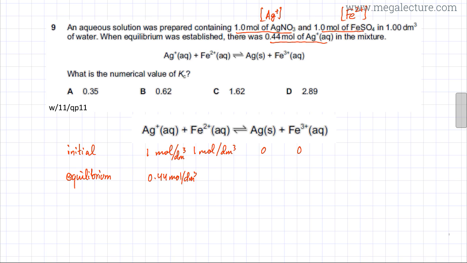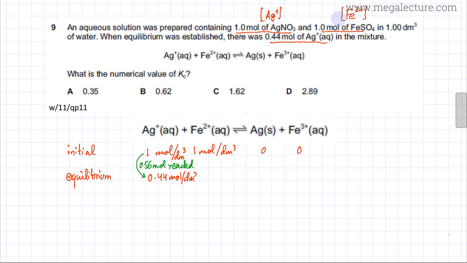So what happened was, we need to find the equilibrium concentration of the other substances. So you can see the change. Initially you had 1 mole of silver ions, now you have 0.44 moles, which means that 0.56 moles reacted, because they're missing. The only thing that could happen with them is that they reacted.